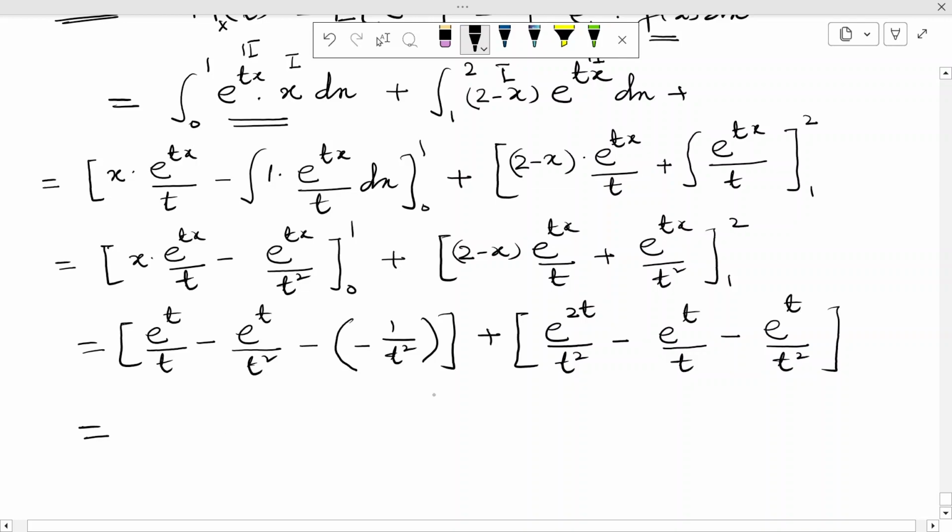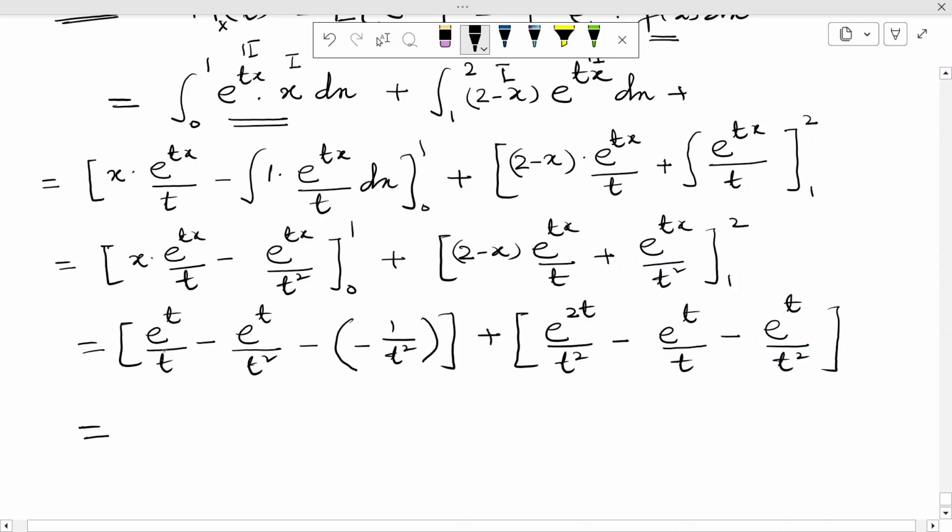Now next you can see that by combining the like terms, we are having this e to the power t over t square as negative, and here also we are having this e to the power t over t square with negative sign. So these two terms will be combined together.